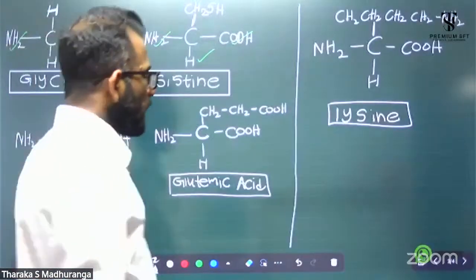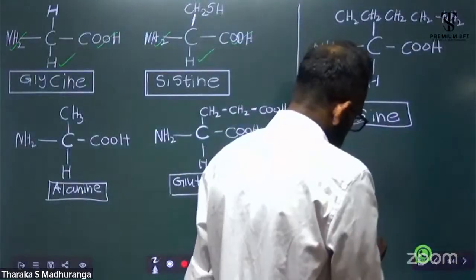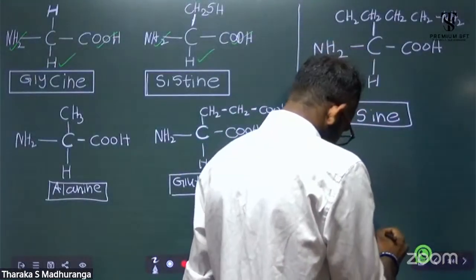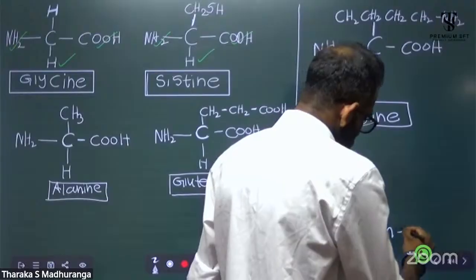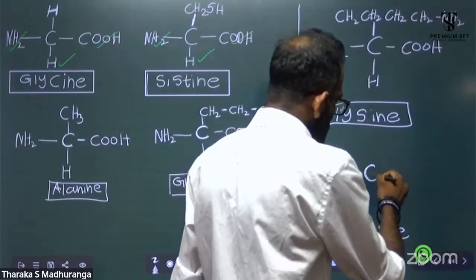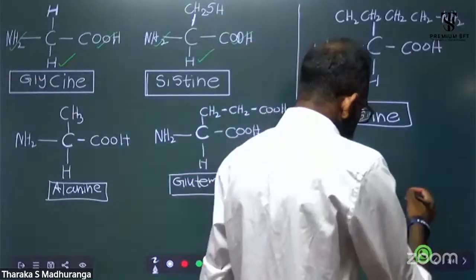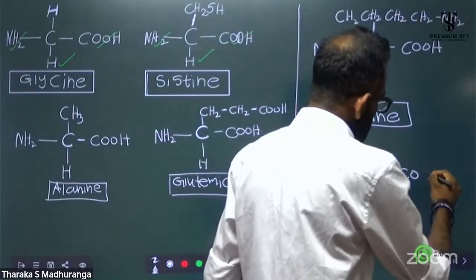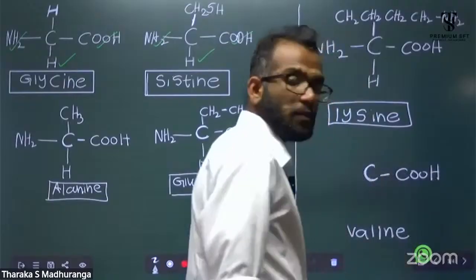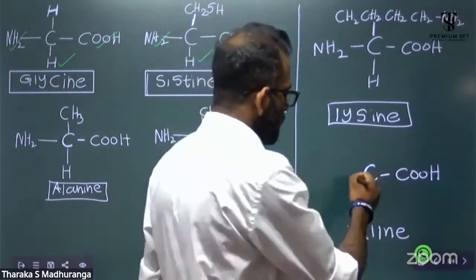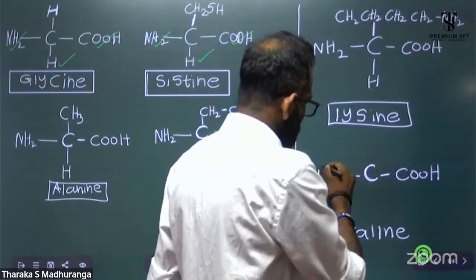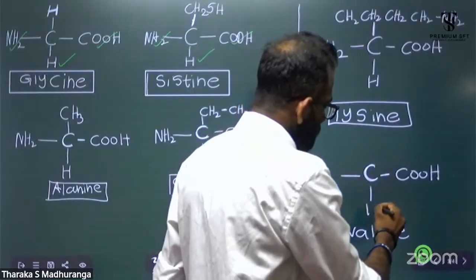Okay, let's move on to valine. Valine: alpha carbon, COOH the carboxylic group, NH2 the amine group, hydrogen.